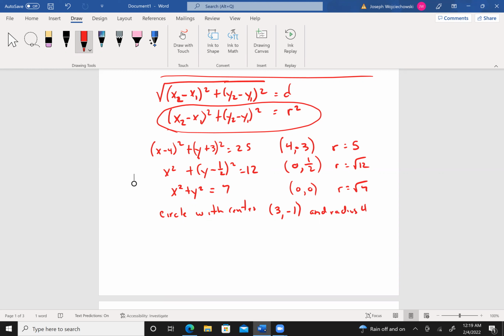Well, it is x minus 3 squared plus y minus the negative 1 squared equals 4 squared, 16. That's it.